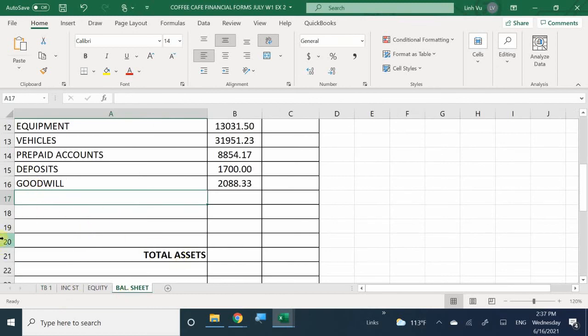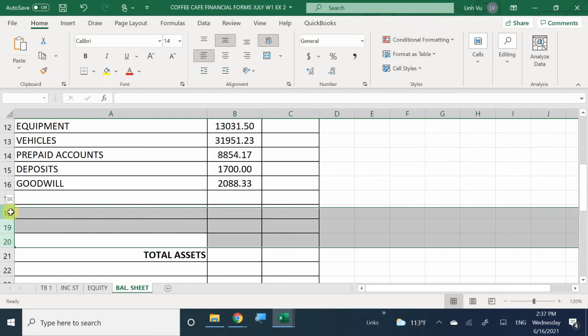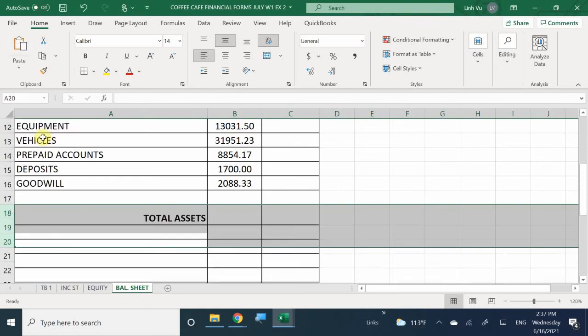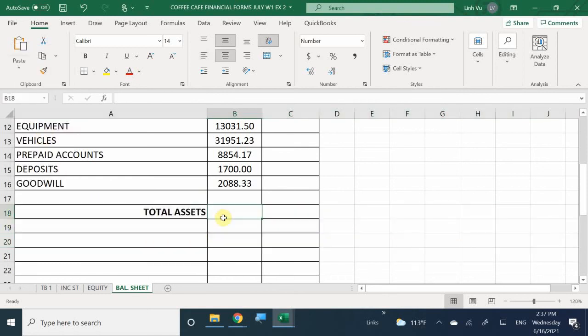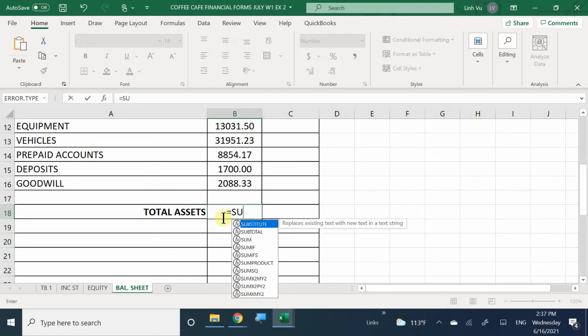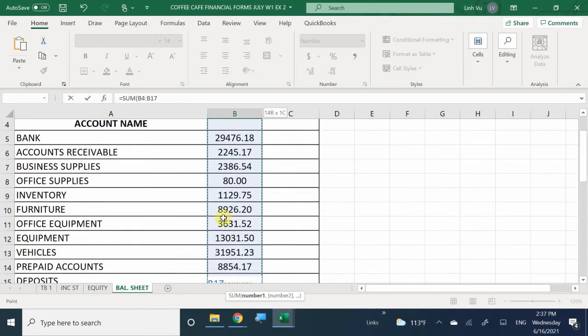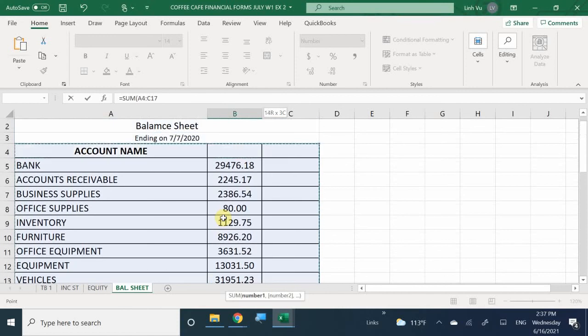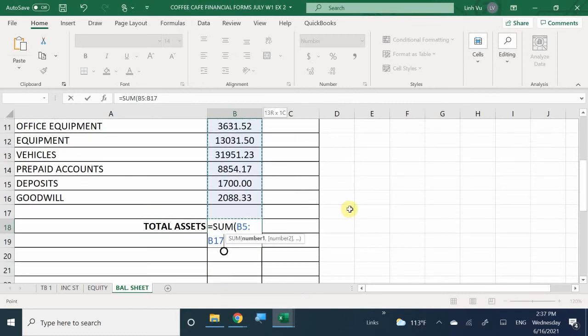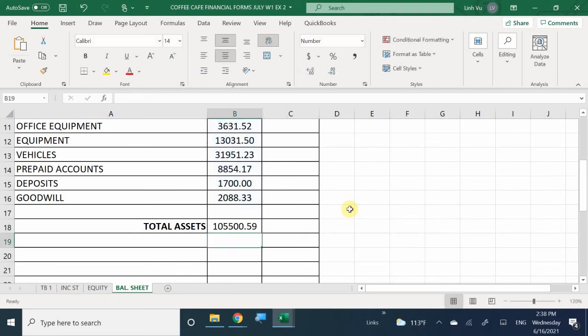So you can total up your assets now. A total of $105,559.